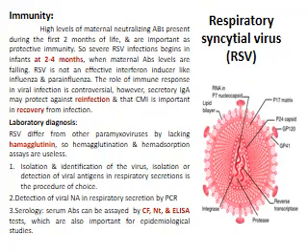Immunity: a high level of maternal neutralizing antibody is present during the first 2 months of life and is important as protective immunity. So severe respiratory syncytial virus infection begins in infants at 2 to 4 months when maternal antibody levels are falling. Respiratory syncytial virus is not an effective interferon inducer like influenza and parainfluenza.